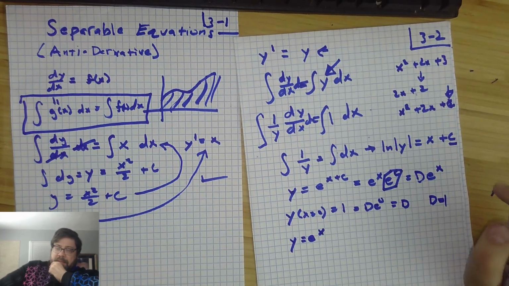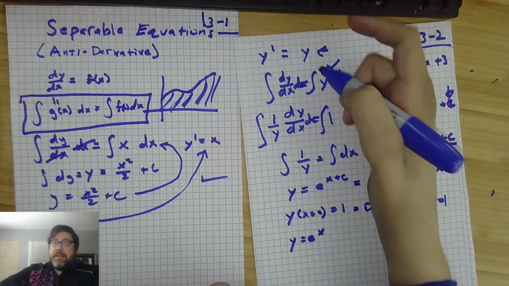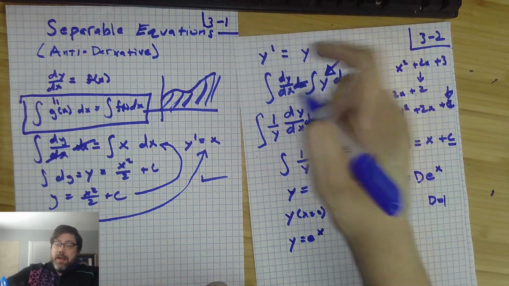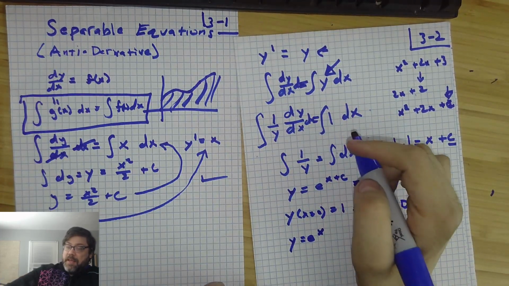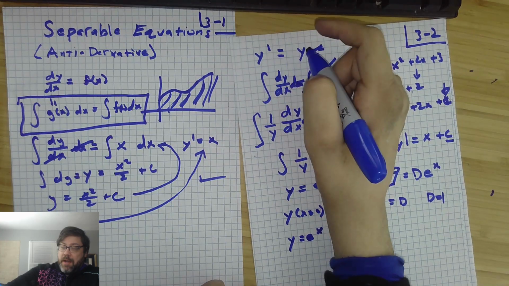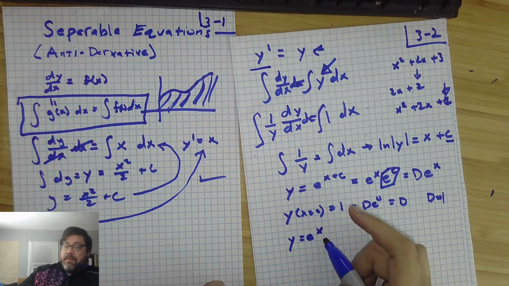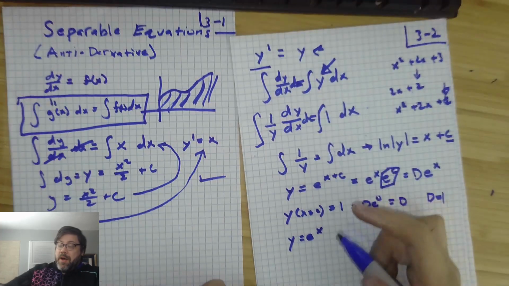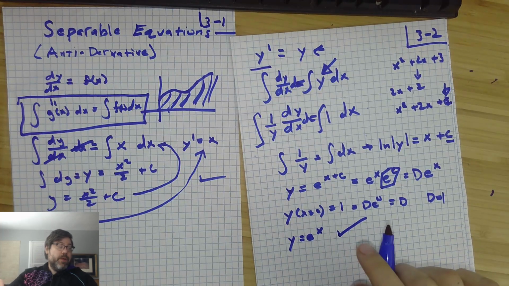Let's go ahead and make sure that our new tricks worked. Remember, we just did an algebraic step and divided both sides by y, and then our new trick of integrating both sides. If we plug this in, we should get y prime, and what's y prime? Well, the derivative of e to the x is e to the x, and that, of course, equals y. So indeed, it fulfills our differential equation.